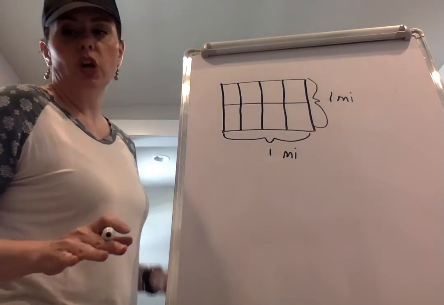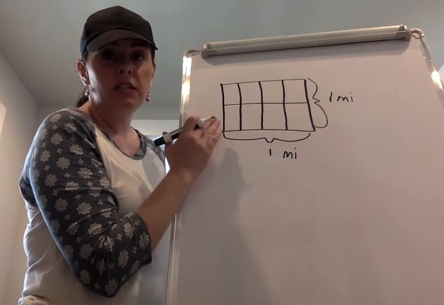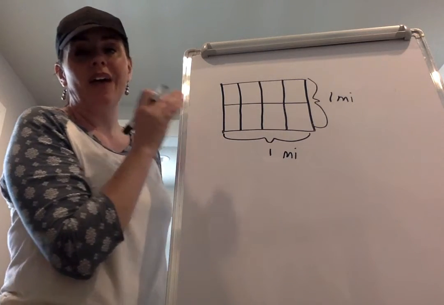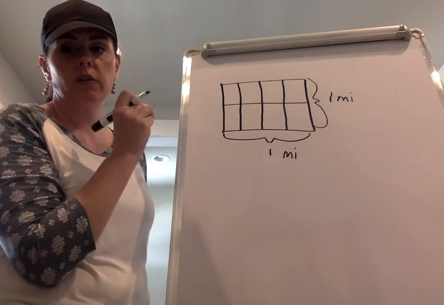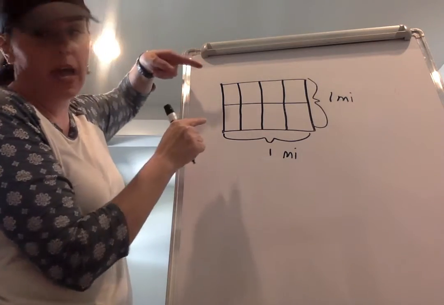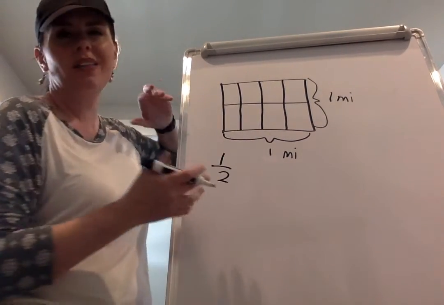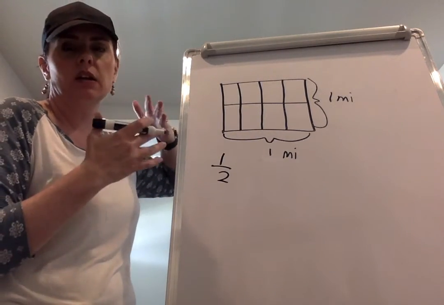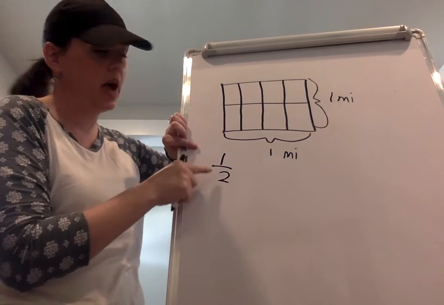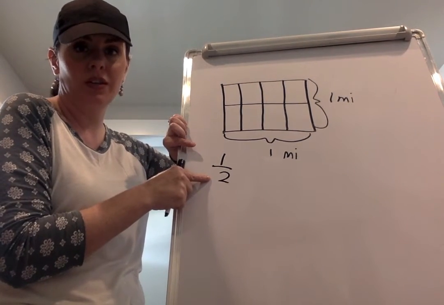Now, if I were to show an area or a part of this shape of a half by a fourth, we could do that really easily. In fact, the half is 1 out of 2, or 1 of 2 wholes, right?